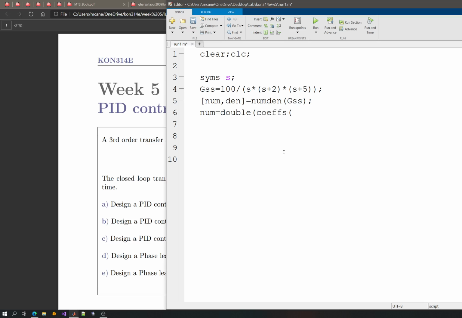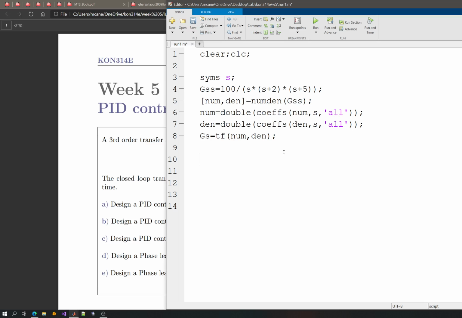Then num, comma, s, comma, all coefficients, and then the same for the denominator. And then GS will be TF of num divided by that here. Okay, now I have defined my system in the Control System Toolbox, and I've converted it into the transfer function object.